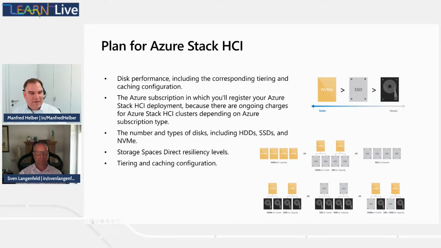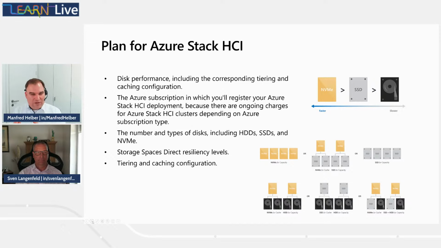Important is to understand that all the nodes have to be configured identical. So in the picture on the slide on the lower right-hand side, we have an OR between this configuration. This means we have systems with NVMe only, and then all the systems in the cluster have NVMEs only, or we have a mix of NVMEs and SSDs, but then all of these systems have to have exactly this mix.